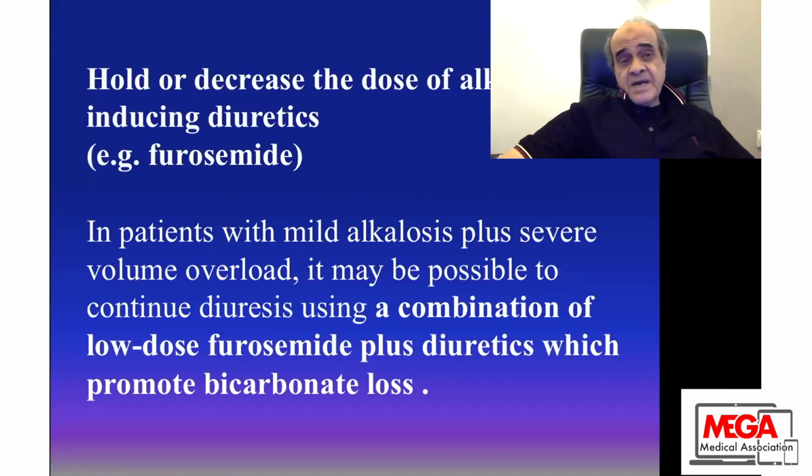Also, at the same time, you have to hold or decrease the dose of alkalosis-causing diuretics such as furosemide or Lasix. In patients with mild alkalosis plus severe volume overload, it may be possible to continue diuresis using a combination of low dose furosemide plus diuretics which promote bicarbonate loss, such as acetazolamide and spironolactone.